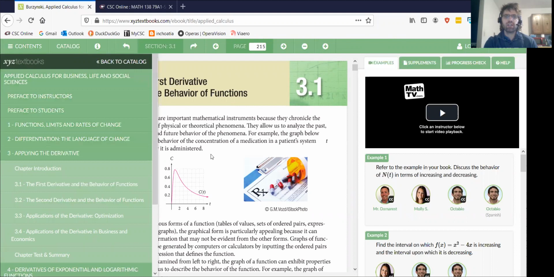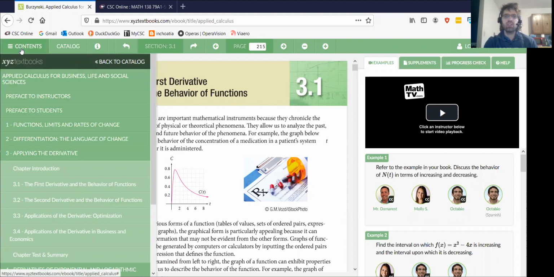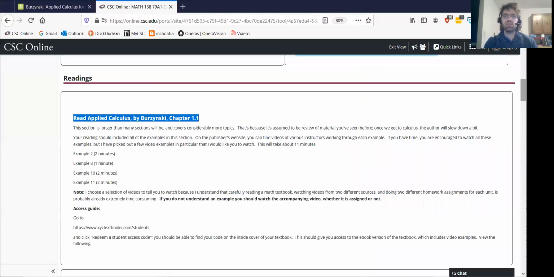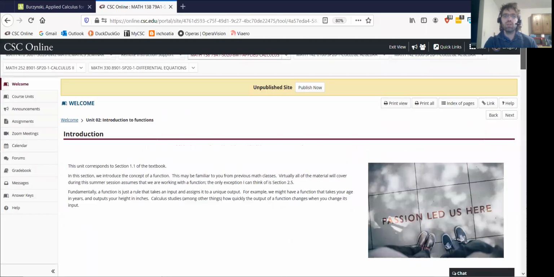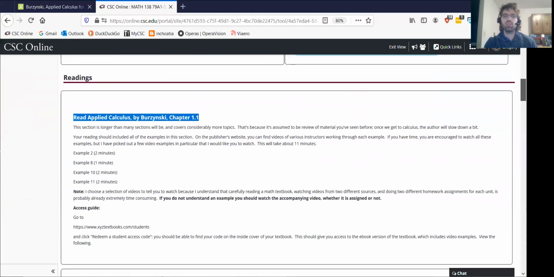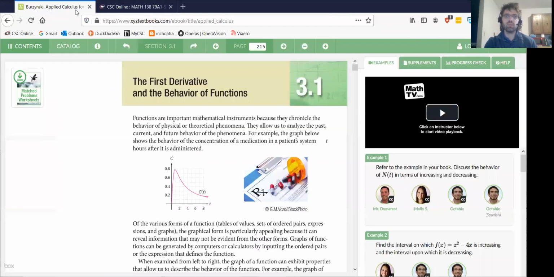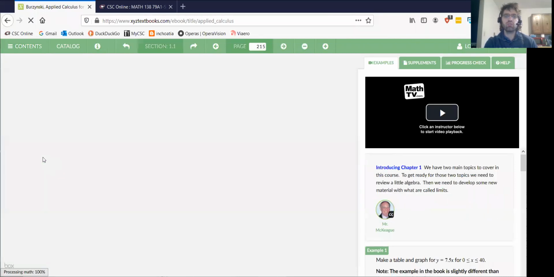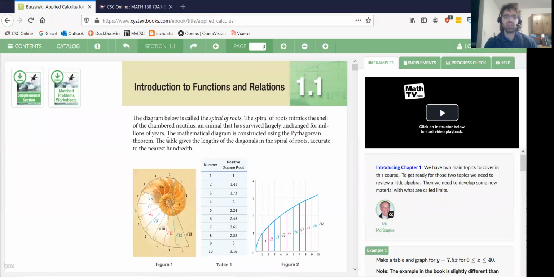You are expected to read the textbook. So when you're in Unit 2, which corresponds to section 1.1 of the textbook, you're expected to read section 1.1.